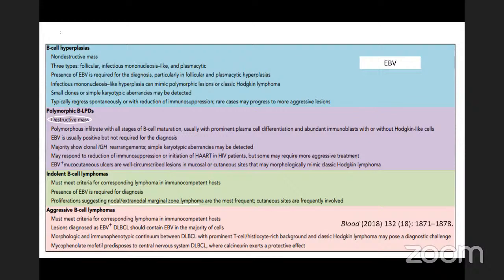And then the indolent B-cell lymphoma, like our patient with the nodal, although I put a question mark because they have a high proliferative index, within nodal and extranodal marginal zone lymphoma, and ending up with the very peculiar, like in the WHO, aggressive B-cell lymphoma. Next, please.